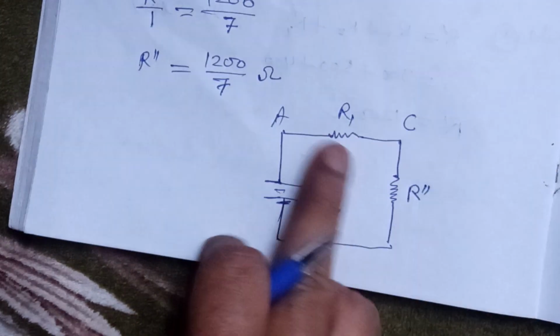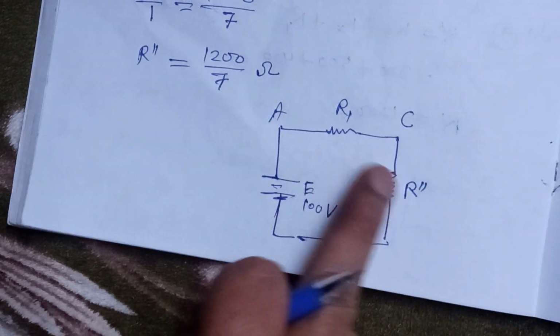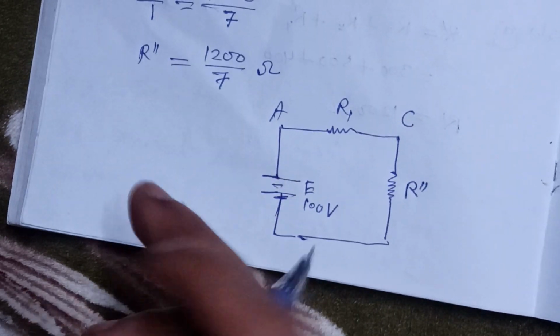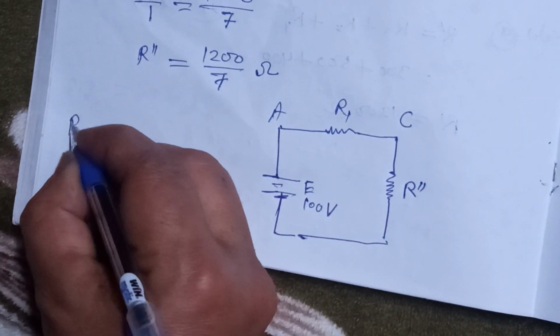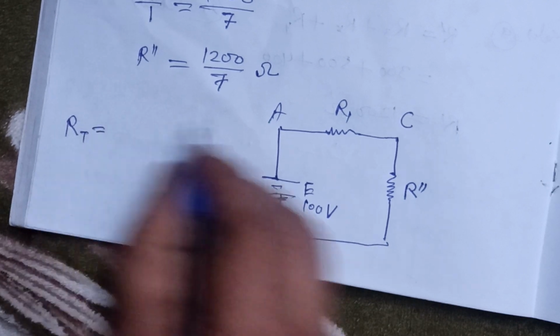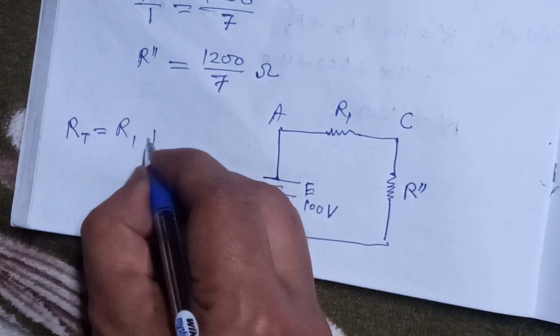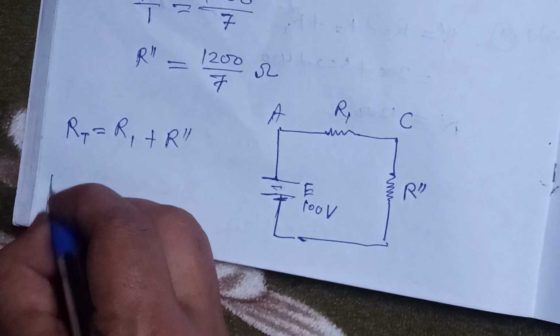Now we see that only two resistors remain, which are in series, so we can find the total resistance RT by adding R1 and R double dash.